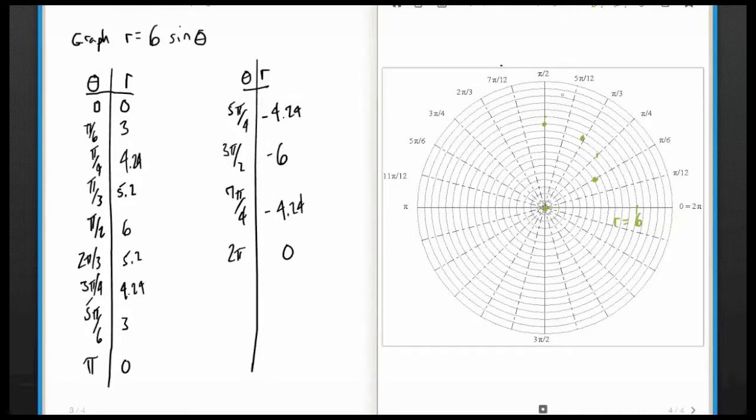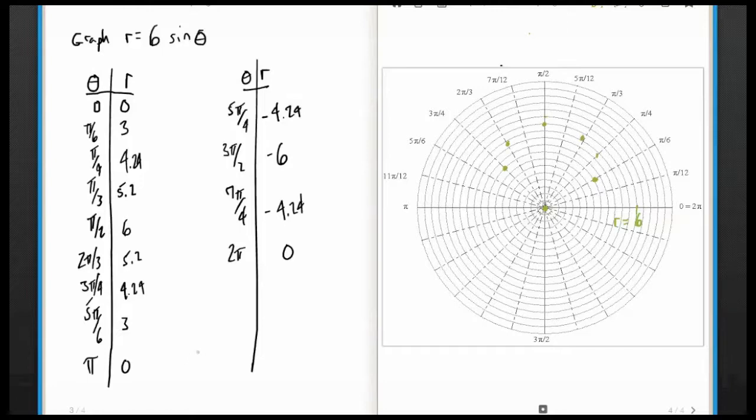And I remember it's somewhat symmetric about this pi over 2, right? Because I've now made it to the top half of the unit circle. My sine is going to start going down. So it's going to be 5.2, which is roughly here. And then at 3 pi by 4, over here it drops down to 4.2. 5.2, 4.2, so it's roughly here.